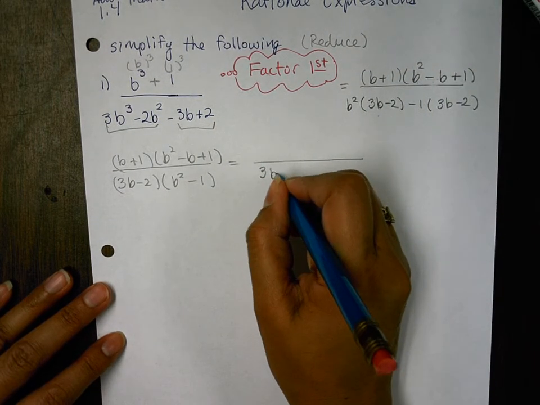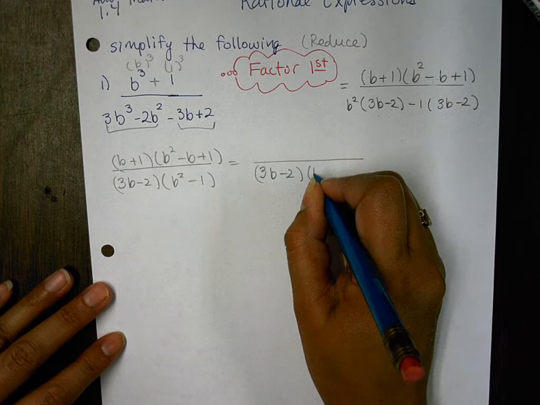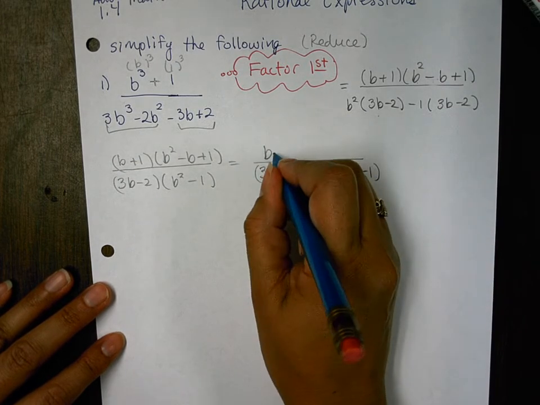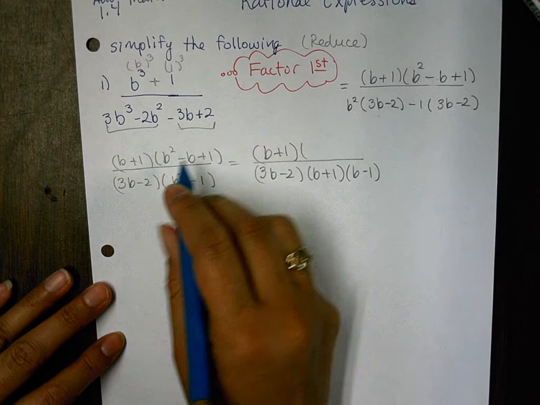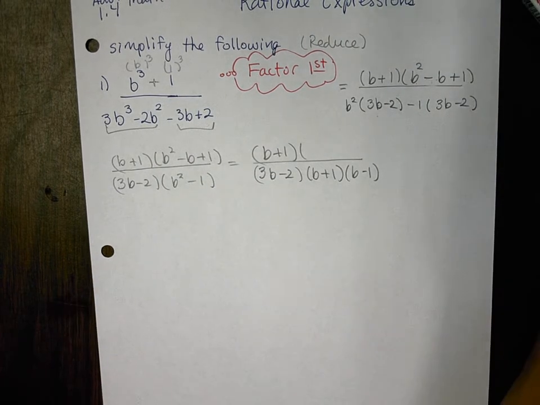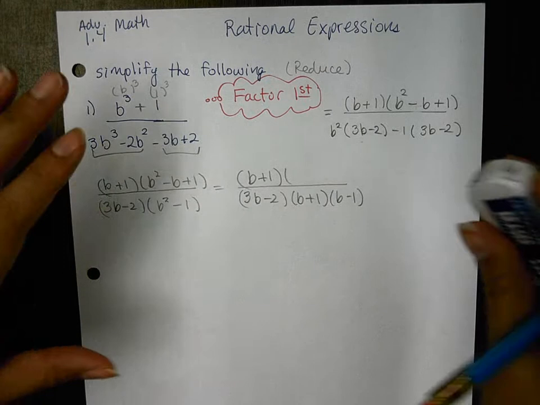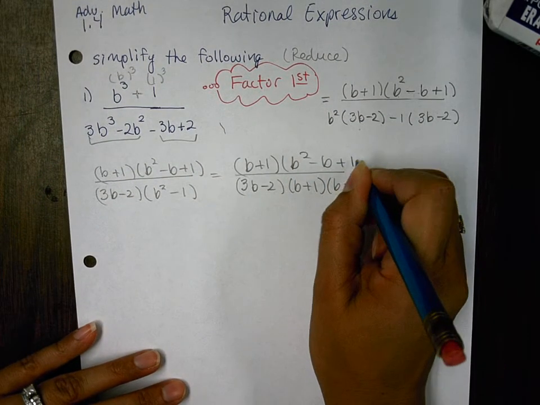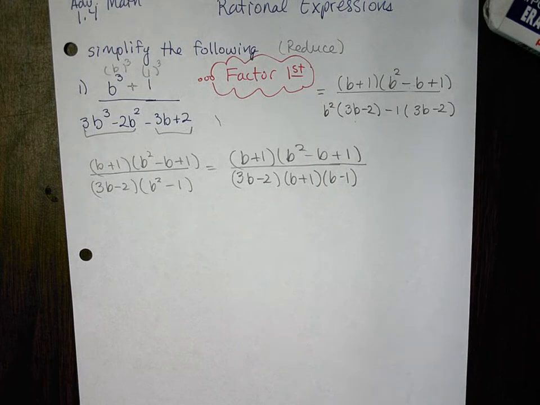Okay, 3b minus 2, and then b plus 1, b minus 1, and at the top b plus 1, and I'm going to see if that factors. Oh, nope, that's the part I told you not to factor. Sorry. B squared minus b plus 1. I said it wouldn't factor if you've done everything correctly.